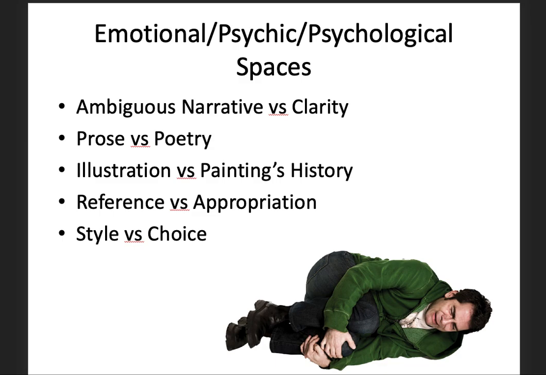Versus appropriation, I take that painting, I rip it up, and then I make a quilt out of it. Right? And then there's style versus choice. These things can be in flux. Style obviously plays a role in history, but also can be a personal expression. Right? But there's always a name for everything. There's been all sorts of movements, right?